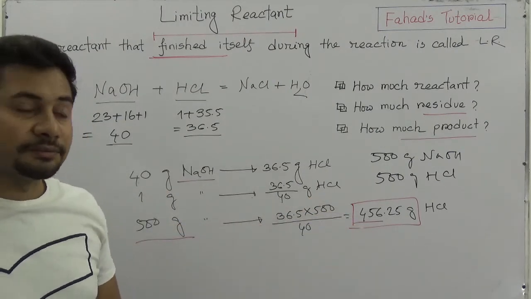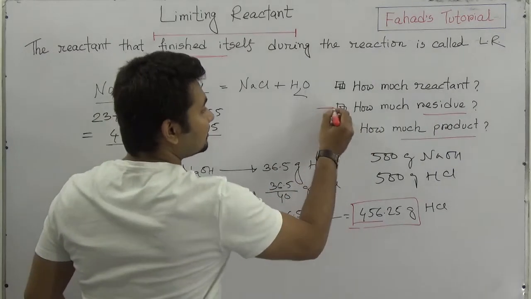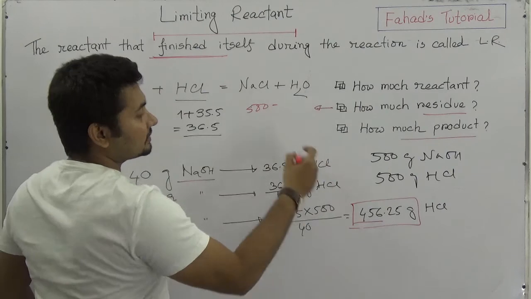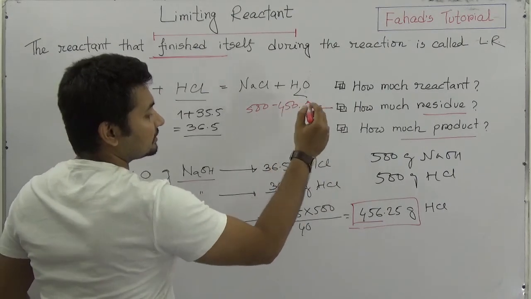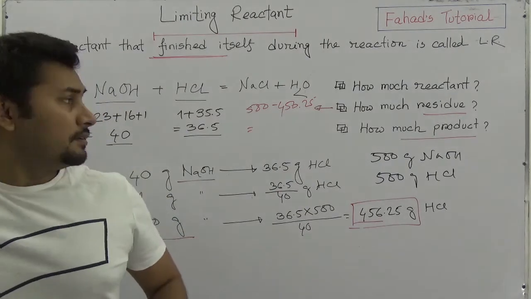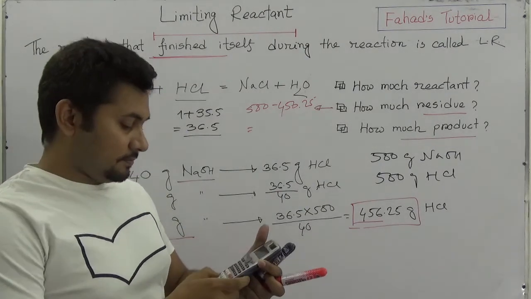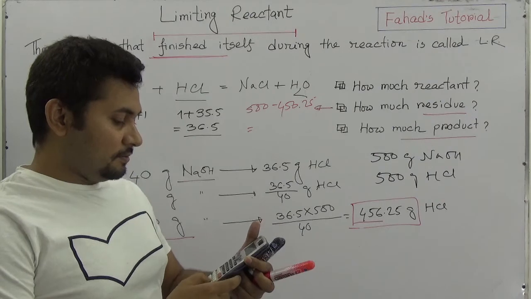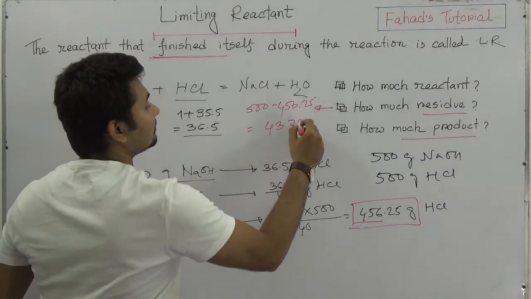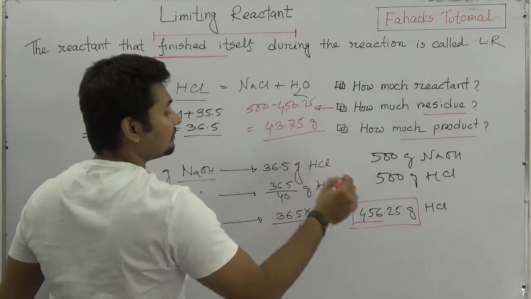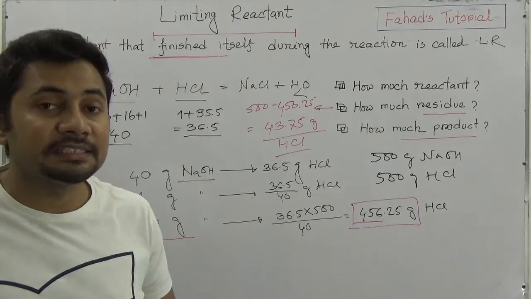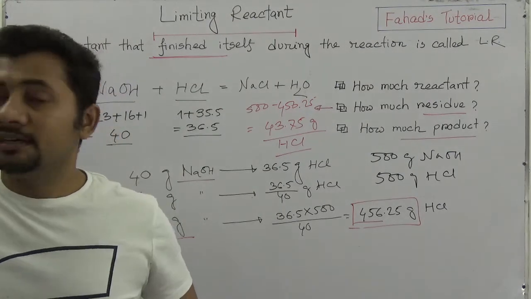So the residue in this case would be 500 minus 456.25, which is 43.75 gram HCl. That means HCl didn't finish.